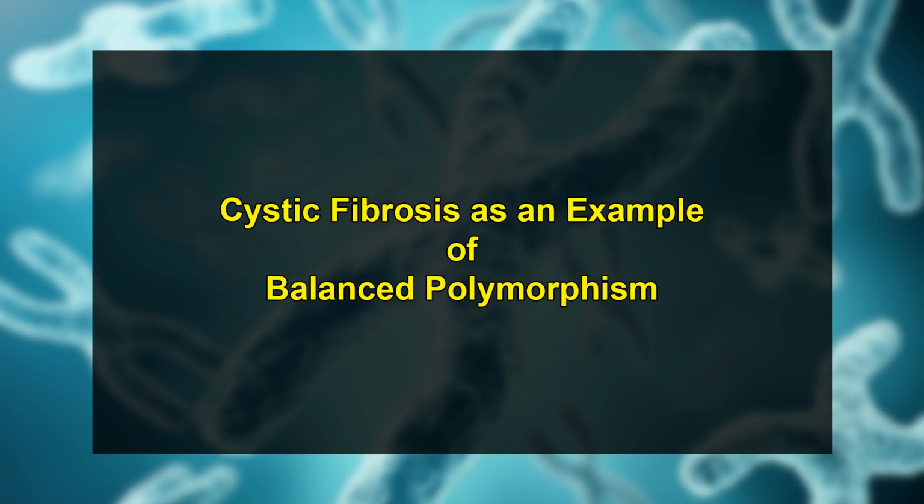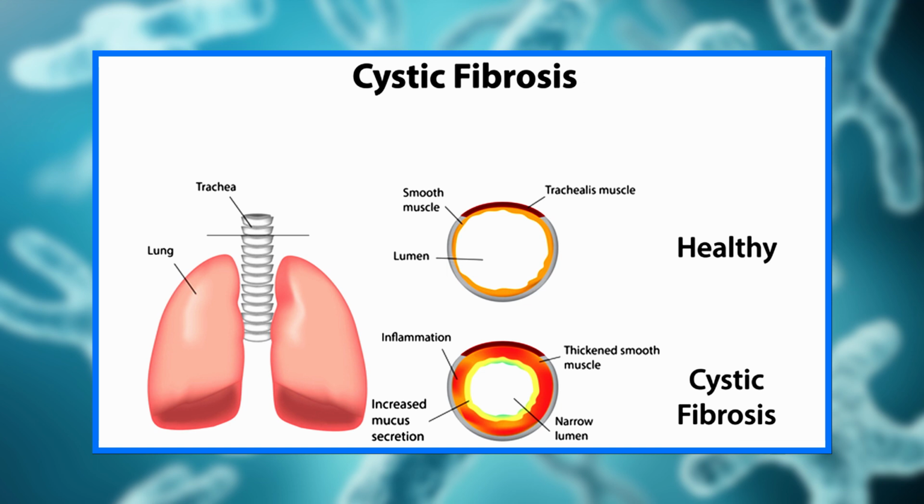Dear students, let us discuss various examples of balanced polymorphism. First one, cystic fibrosis is an example of balanced polymorphism. Cystic fibrosis, an autosomal recessive disorder most commonly found in the Caucasian population, shows balanced polymorphism through heterozygote advantage to the fatal diarrheal disease cholera.